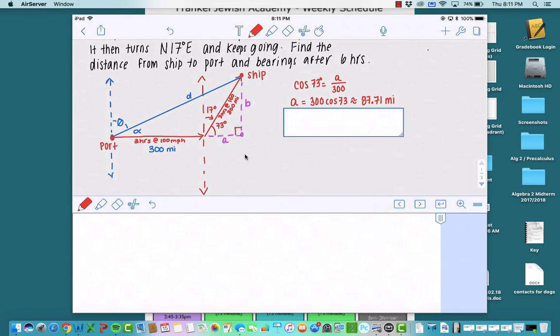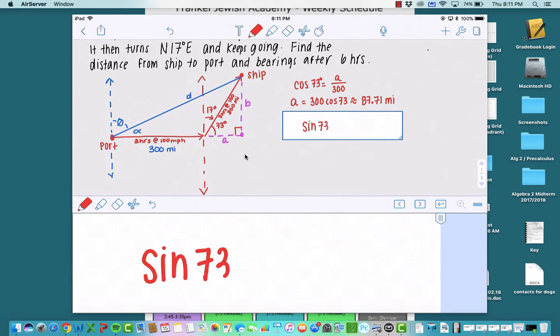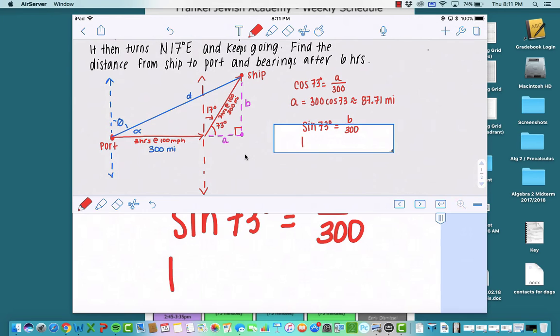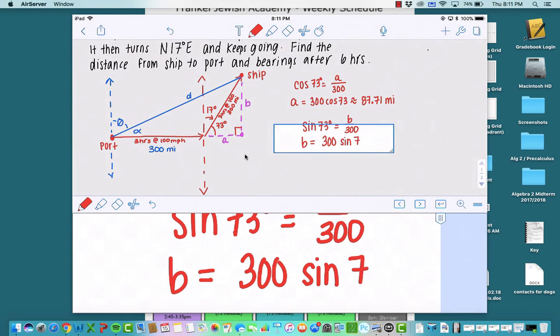Okay, next I'm going to find B. Sine of 73 is B over 300. And B is going to be 300 sine of 73, so approximately 300 times sine of 73.